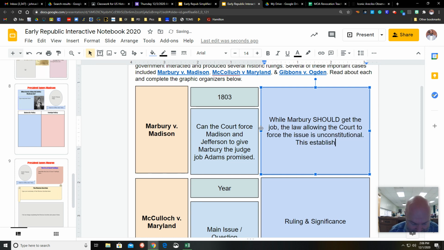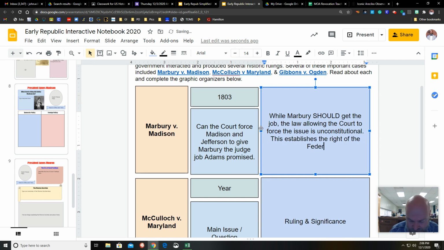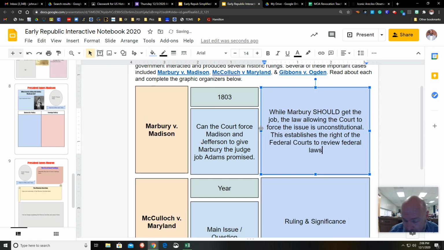This establishes the right of the federal courts to review federal laws. And I'm going to put in parentheses, judicial review. And you need to get this. And this, guys, this is really massively important.